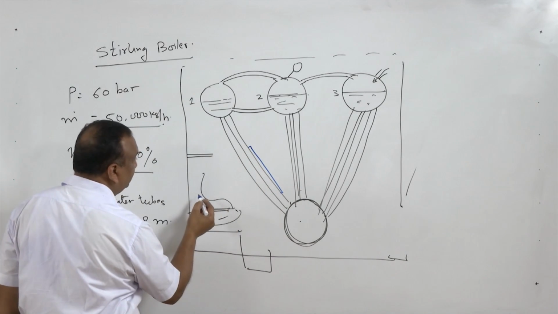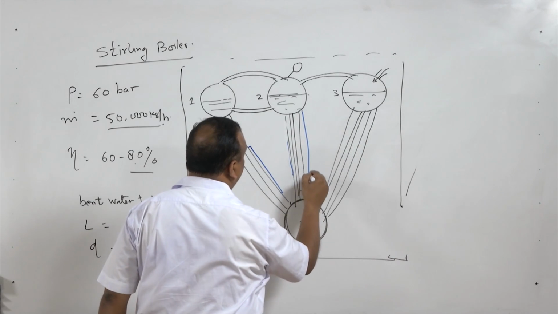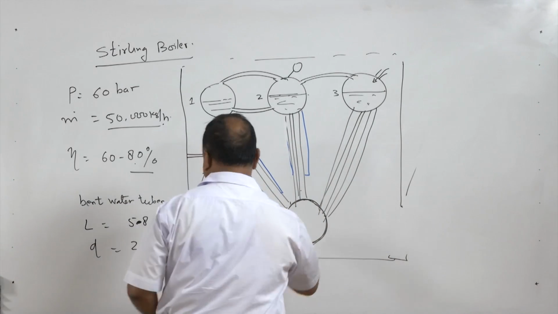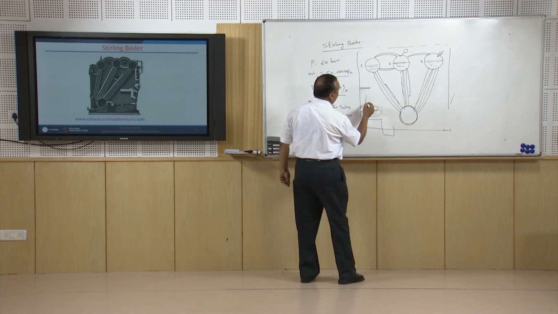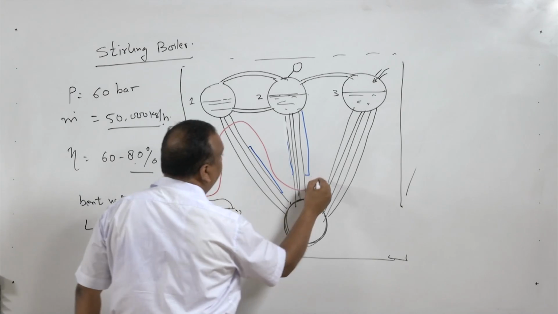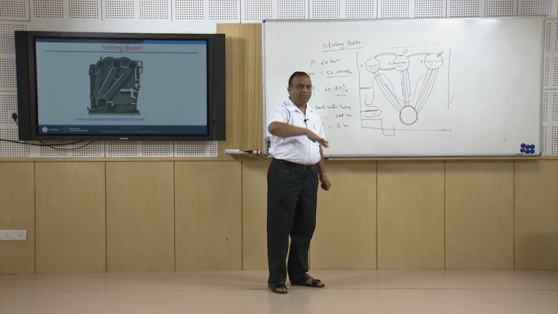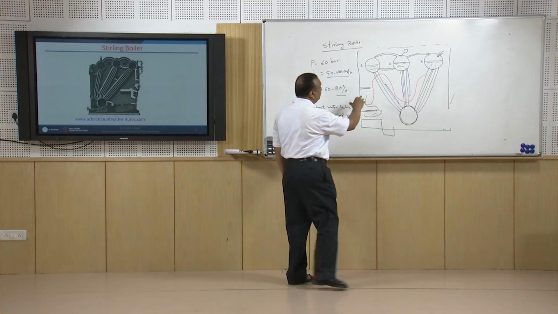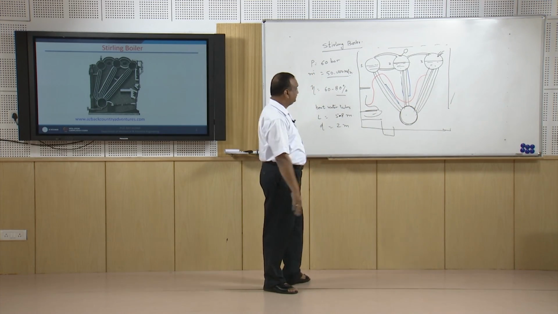So flue gases come here, and there is a baffle here, and the flue gases emerging from here will enter from the top, come down and then leave from here. So the path of the flue gases is maximized with the help of these baffle plates.